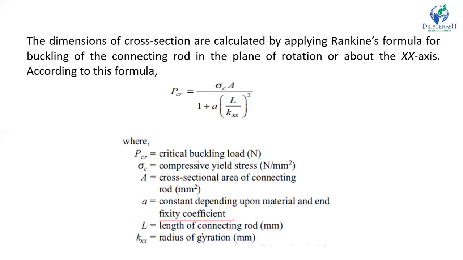L is the length of the connecting rod and KXX is the radius of gyration of the connecting rod. So you can find the critical load or crippling load or critical buckling load.